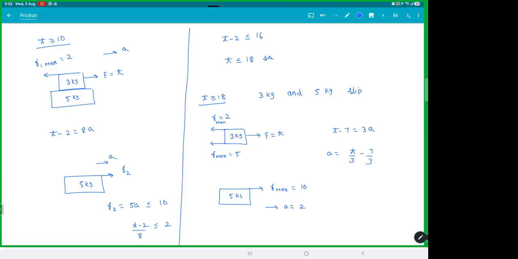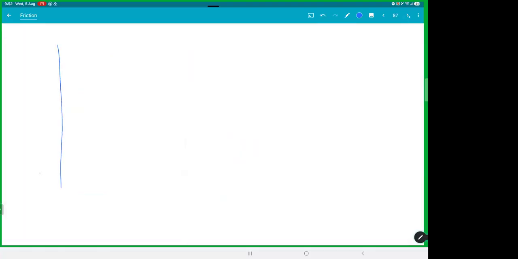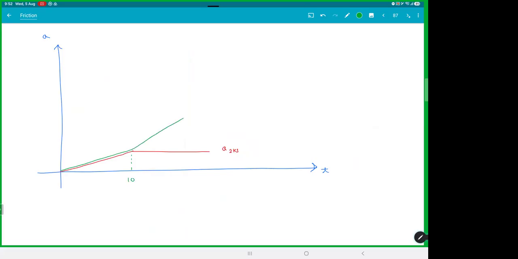When you plot the graph, for 10 seconds, everyone is going together. Then the 2 kg becomes constant. At 18 seconds, this becomes constant. This is the 5 kg.